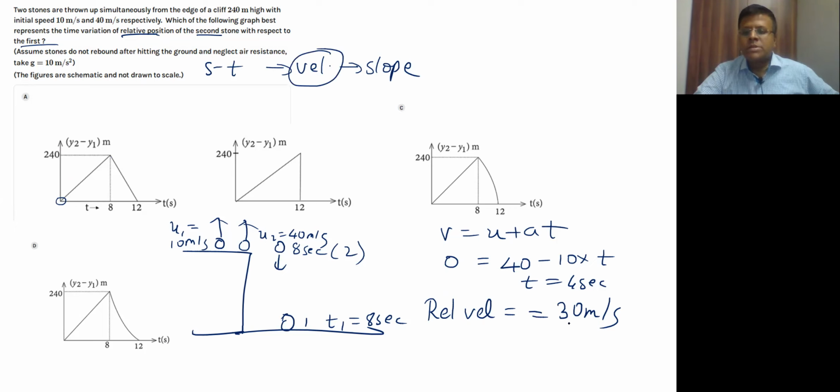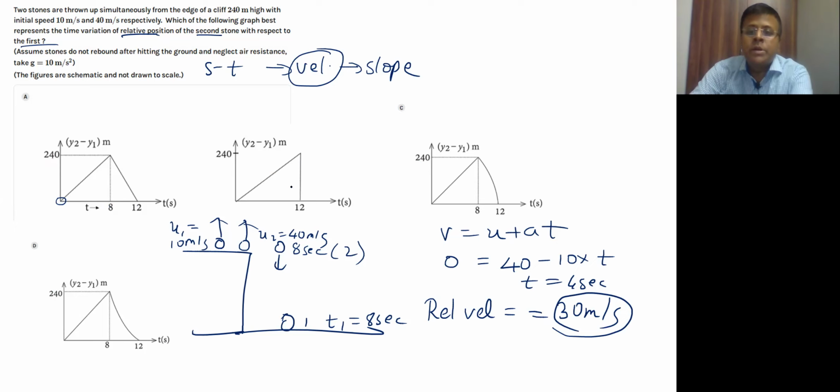So relative velocity, that is your slope, should be 30. So you can see that 240 divided by 8. Okay, in all these cases, 240 divided by 8, here it is not clear, but the slope is all 30 meter per second only, so there is no issue. So up to 8 seconds, one thing is sure, that the graph is going to be linear. So there is no doubt of that.